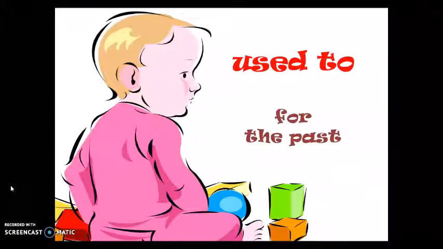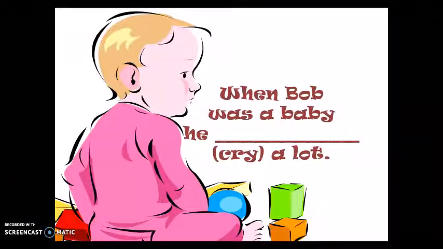Now, you're going to look at some examples and try to form the used to structure, used to sentences according to the verb. Okay, let's begin. Okay, it says, when Bob was a baby, he... Then you have, this is the verb that you are going to conjugate here.